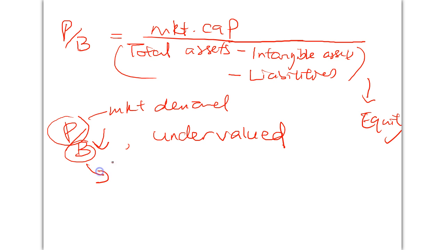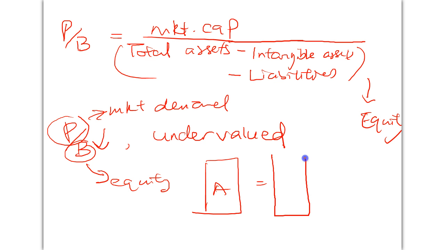For B, it would be, financially wise, what is the equity of the company? Remember that we have assets equal to liabilities and equity. So this portion we have to pay off to creditors, and it's only this sum of money which is owned by the company. So the market value shouldn't be too far off from this portion.